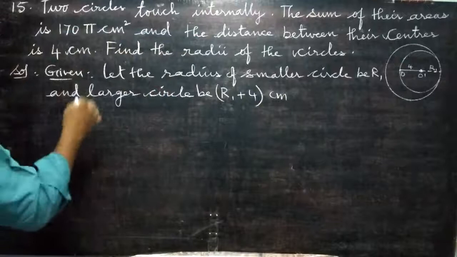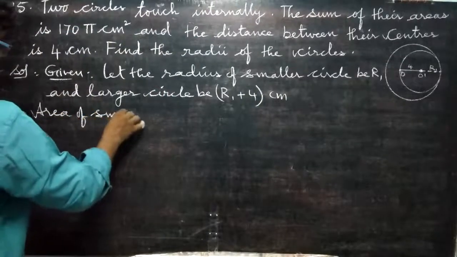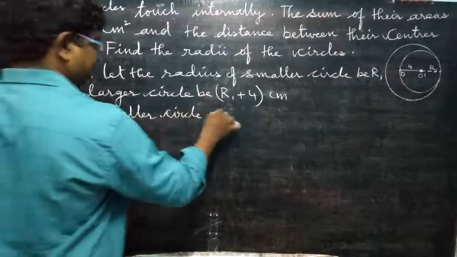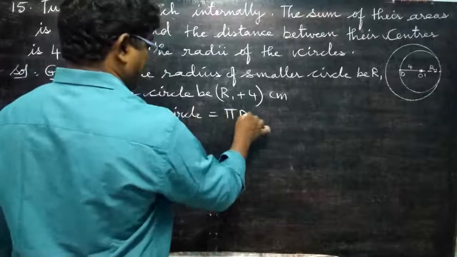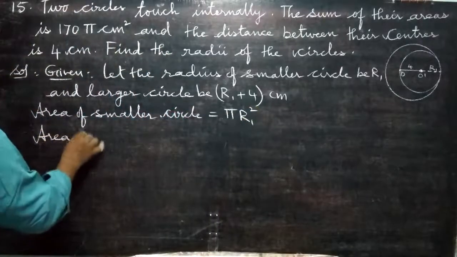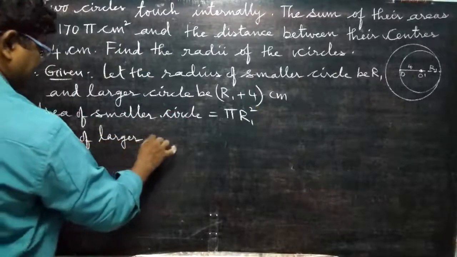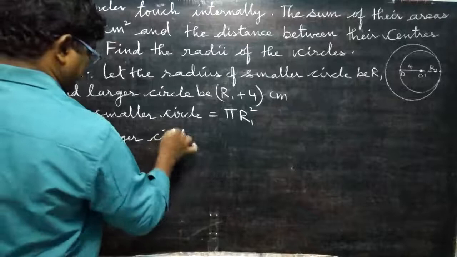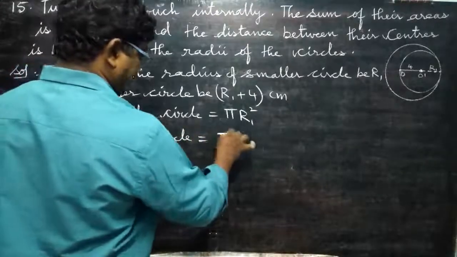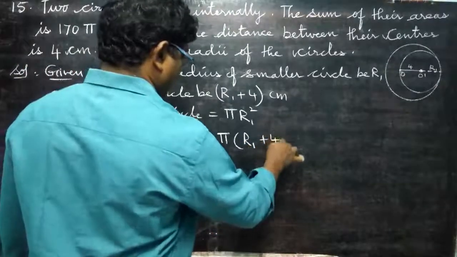Now area of the smaller circle is pi R1 square. Next, area of the larger circle is equal to pi into R1 plus 4 whole square.